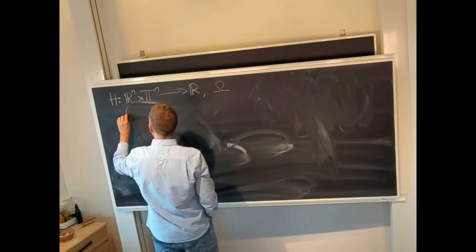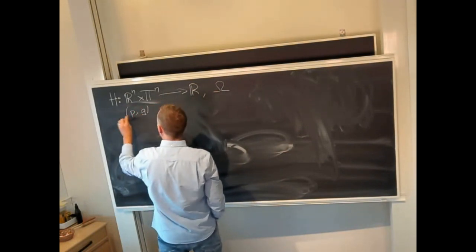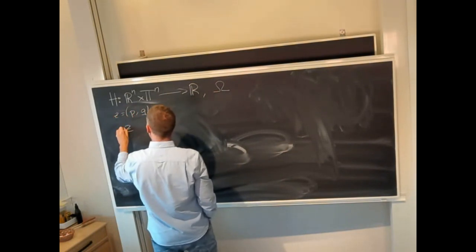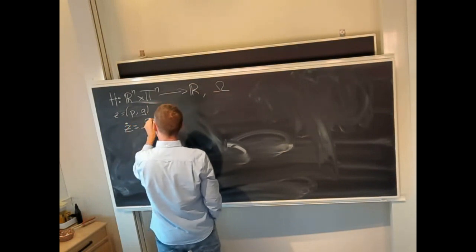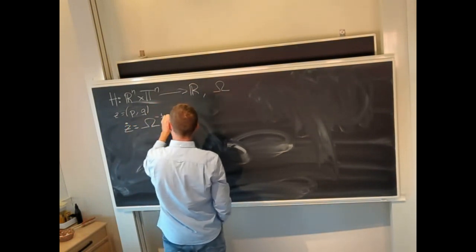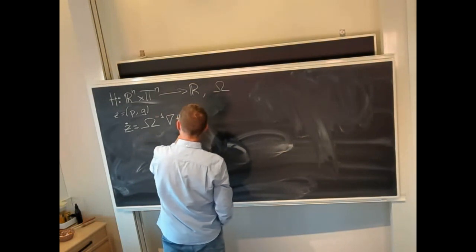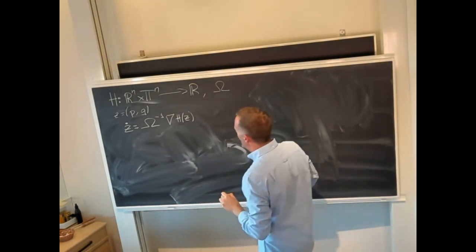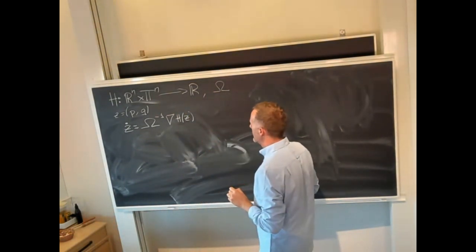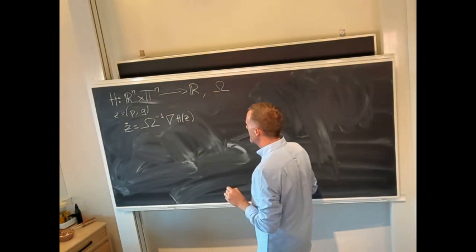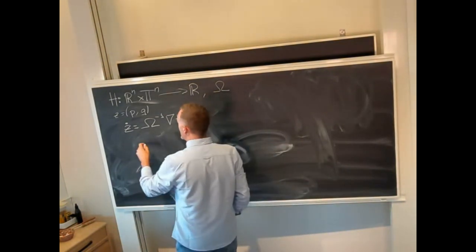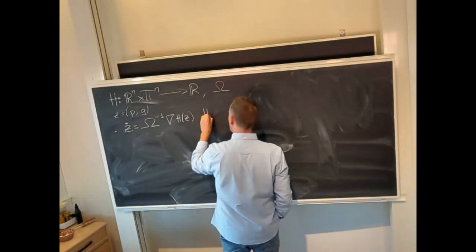If we call this Q, we call Z prime, its flow is given by this ODE, that's a Hamiltonian flow.